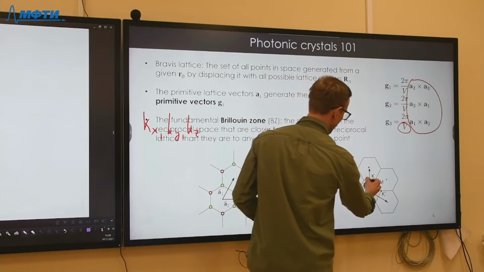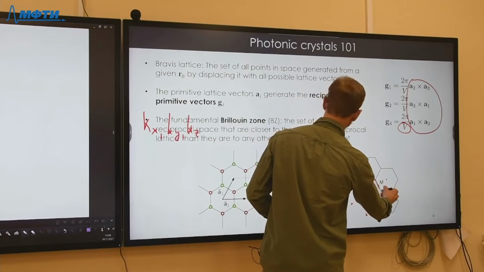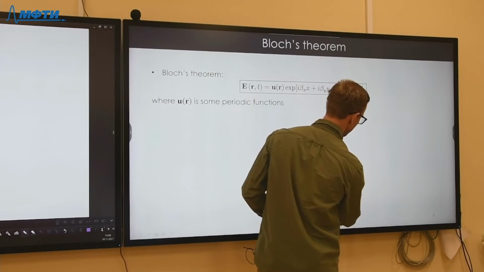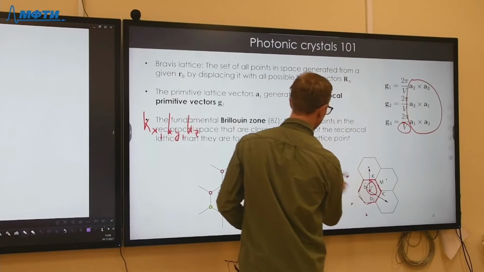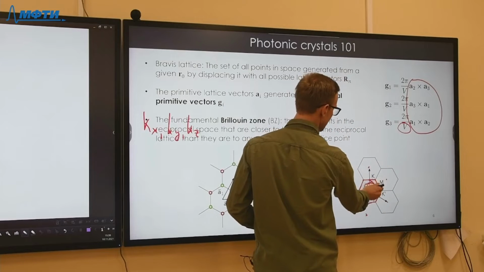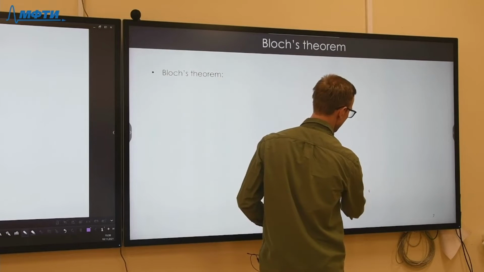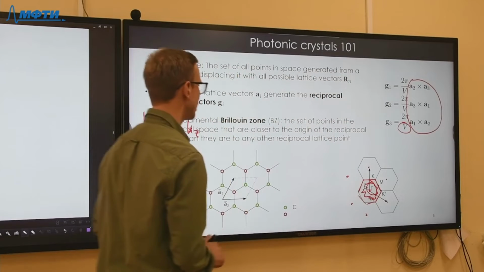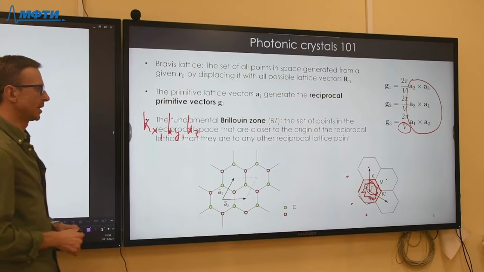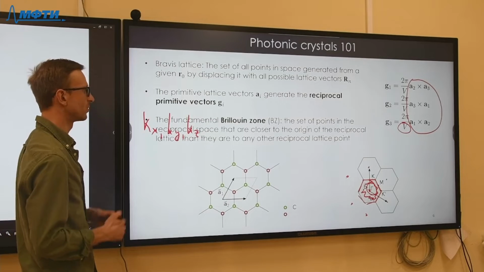And the Brillouin zone is the set of all points inside here, all these points are the closest to this particular gamma. And that gives you the Brillouin zone. This is a very important concept when we analyze the properties of a periodic system.